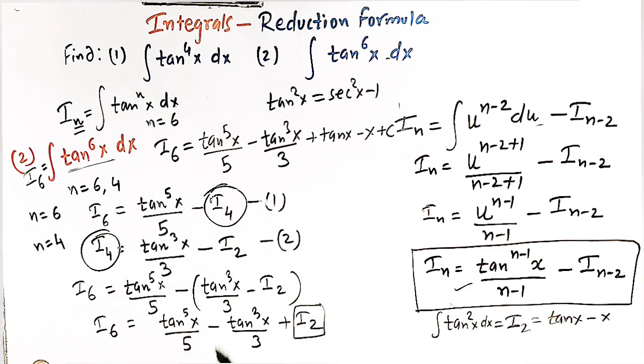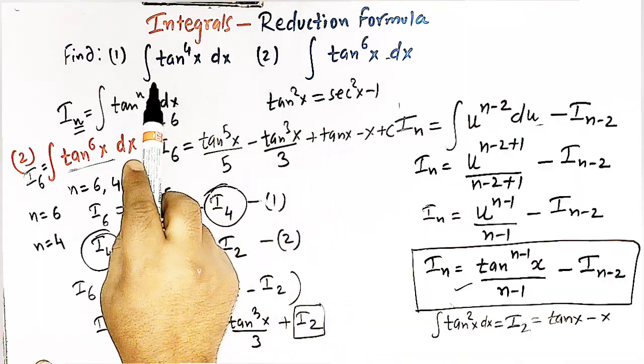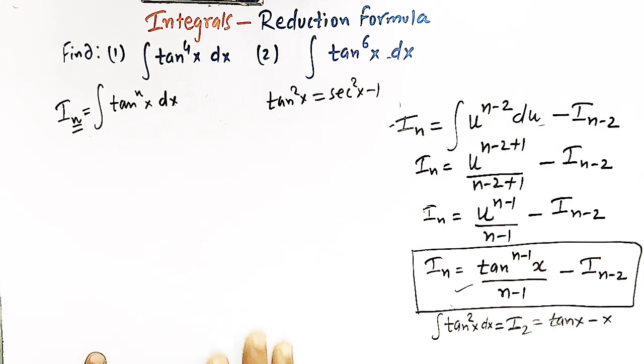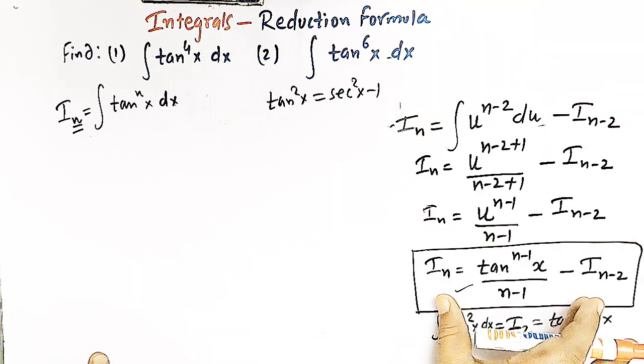So we can see that we can easily find the values of these indefinite integrals using this reduction formula. Here it is important to note that the value of this integral can also be evaluated by taking n is equal to 2 in this reduction formula, right?